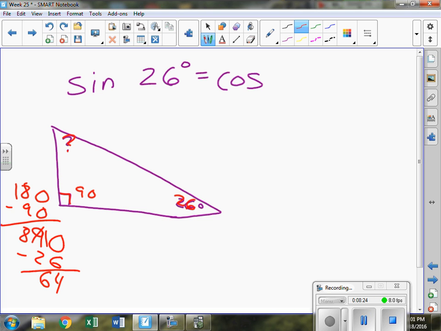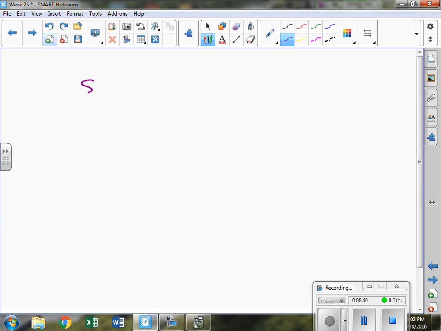This is exactly what the cofunction theorem does. It tells us sine is the same thing as cosine as long as we use the other angle. We're done. Let's run through a bunch of quick examples. The sine of 84 degrees. Rewrite this using the cofunction theorem.